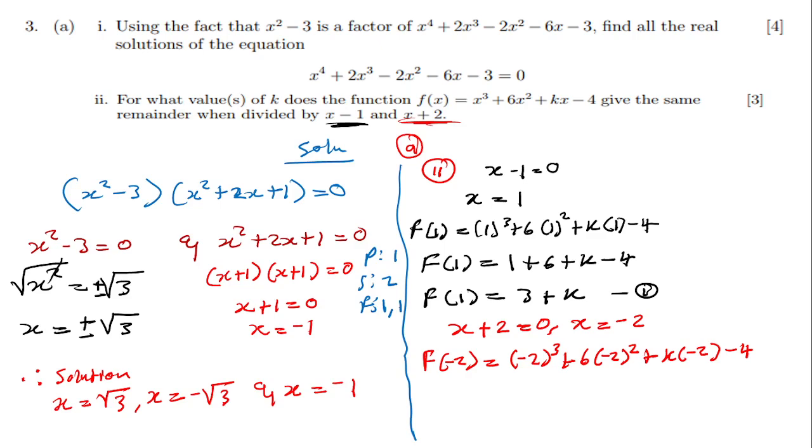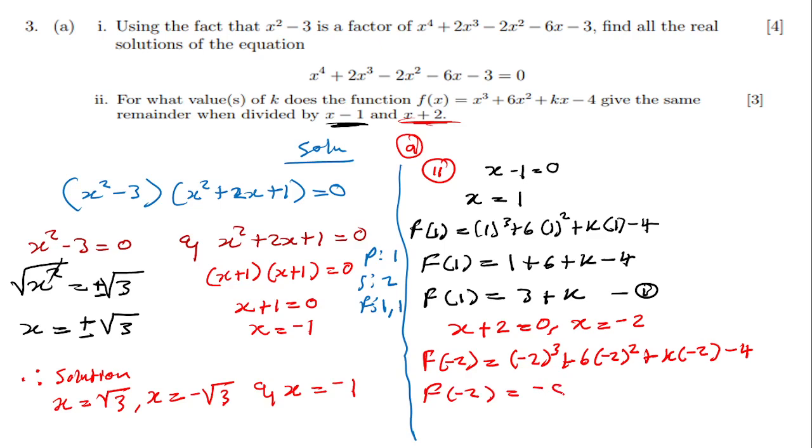When you have that expression, your next point is to just expand that. So f of negative 2 is simply equal to negative 2 cubed, it's negative 8.